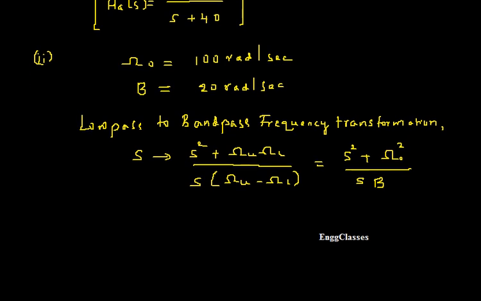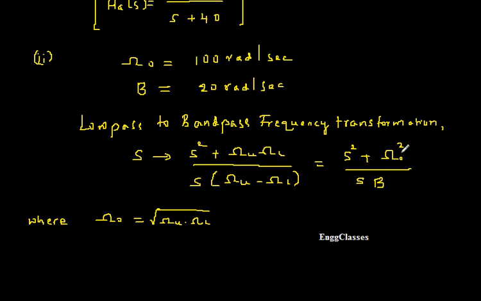And we must also know that omega naught is equal to square root of omega U into omega L. But in the formula, we need omega U into omega L. To get that, I have to square it.